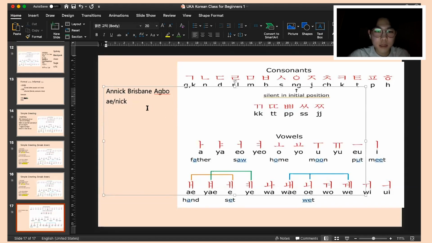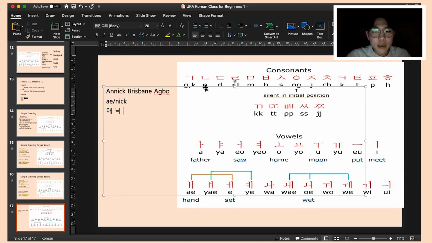So if you type that up in Korean, get my Korean keyboard. That would be the most appropriate way to write your name. So here's the AE sound.